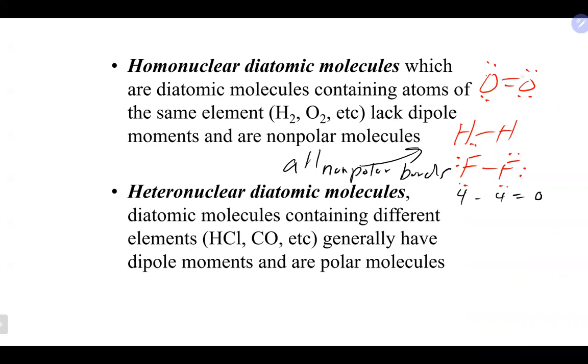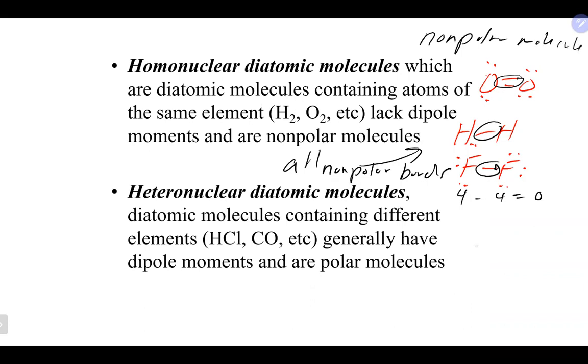Which means in this particular molecule, there is only one bond. If the one bond in the molecule is non-polar, and that's the only bond present, then the entire molecule is going to be non-polar as well. So because of that, this molecule will be a non-polar molecule.